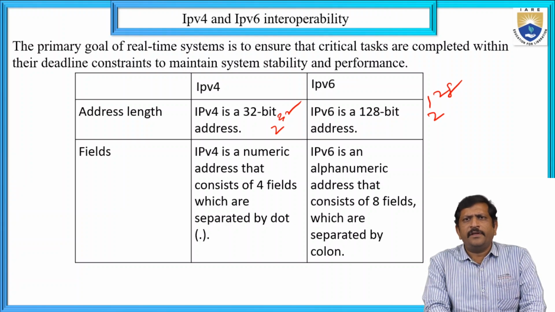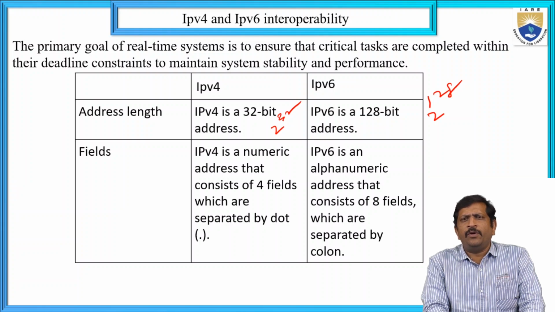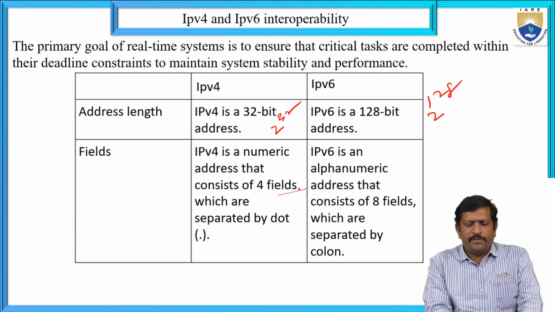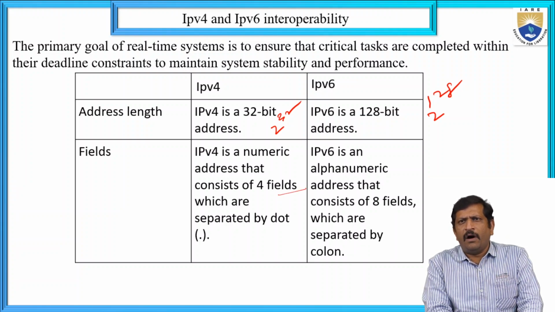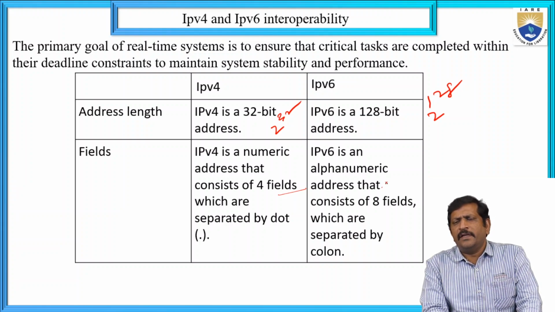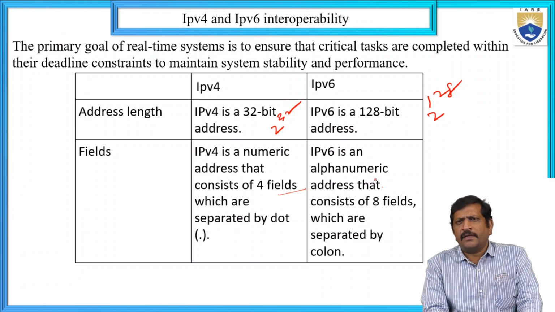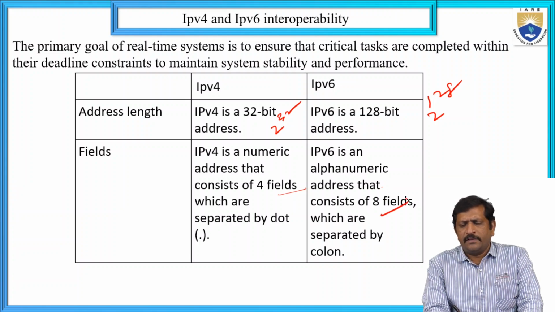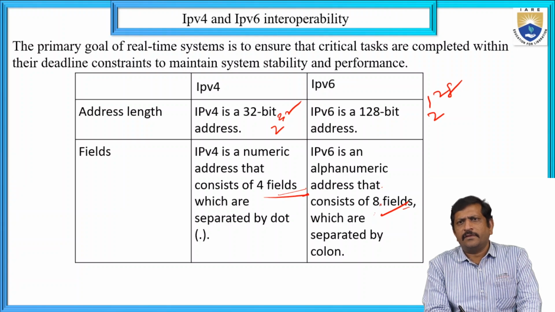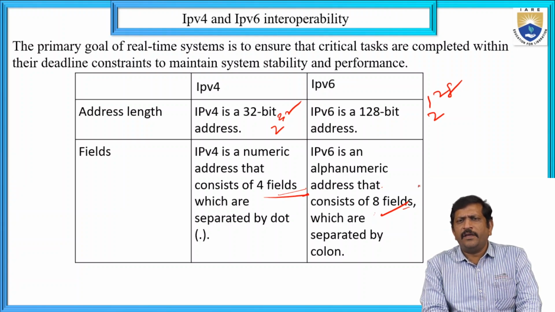Fields: IPv4 is a numeric address consisting of 4 fields separated by a dot, and IPv6 is alphanumeric in hexadecimal format. We can represent the address in hexadecimal format. That is an alphanumeric address consisting of 8 fields. IPv4 consists of 4 fields, IPv6 consists of 8 fields, separated by a colon.